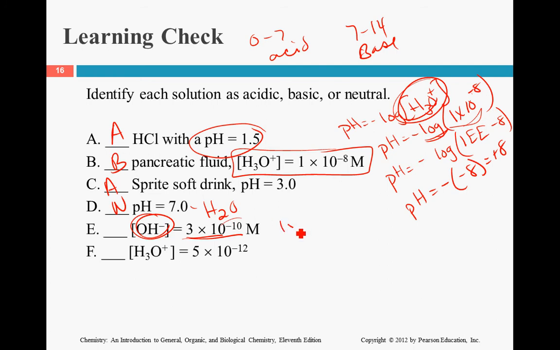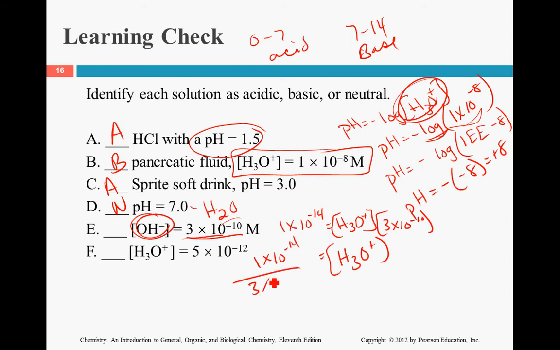So we're going to use that equation before of 1 times 10 to the negative 14 is equal to H3O plus times OH minus, which is 3 times 10 to the negative 10. So H3O plus is then going to equal 1 times 10 to the negative 14 over 3 times 10 to the negative 10.